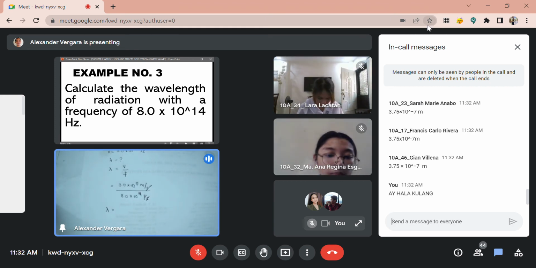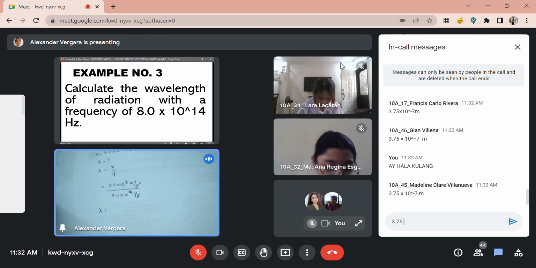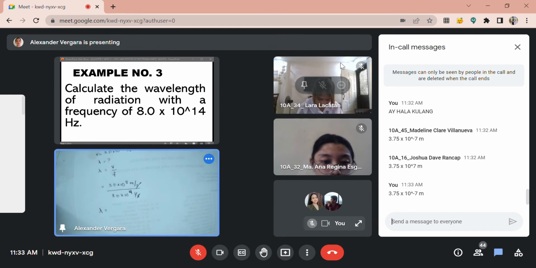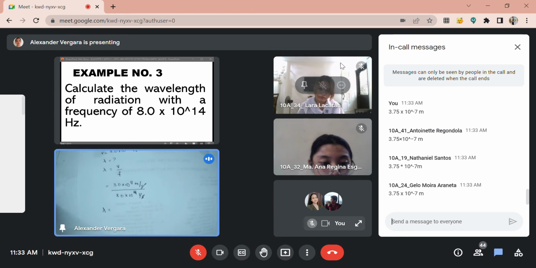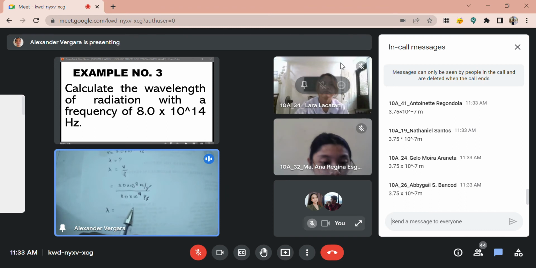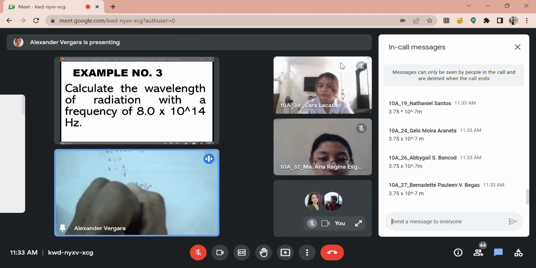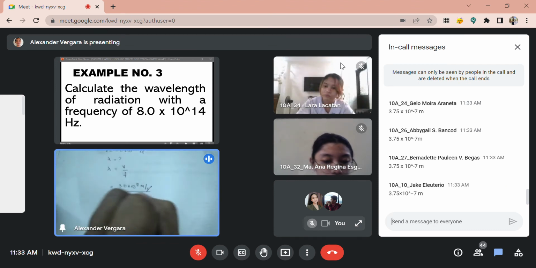So the correct answer is, oh, you're lacking units. Correct. Because you only have one number, so two decimals. So the correct answer is 3.75, upon checking with my calculator as well, times 10 raised to negative 7 meters. That will be our wavelength.